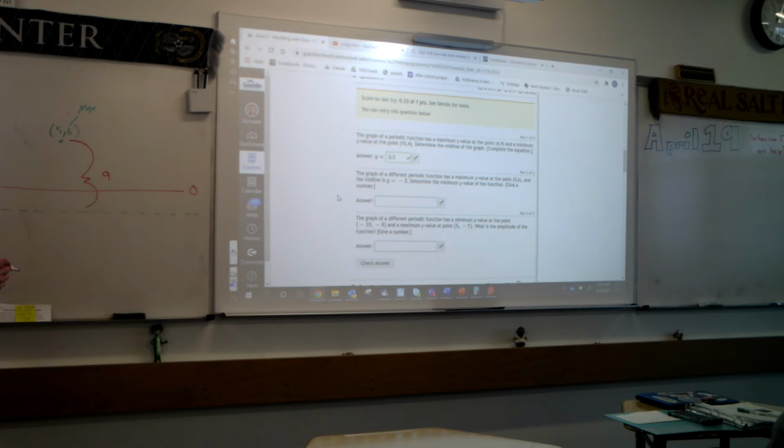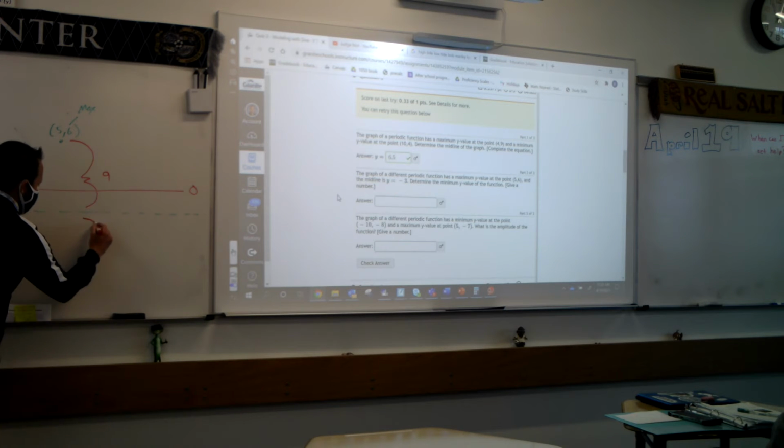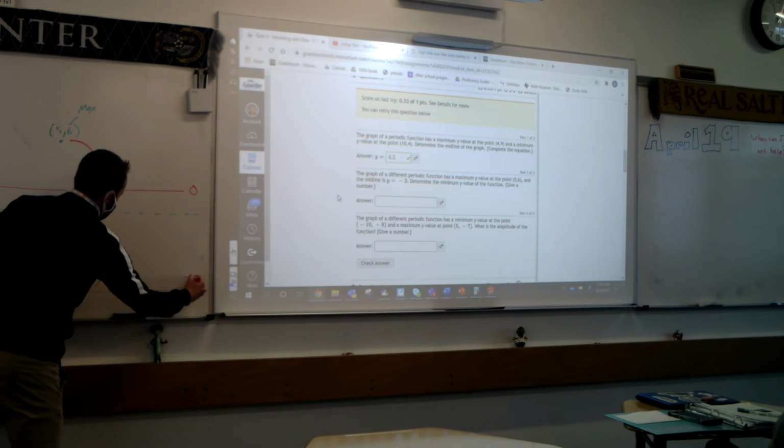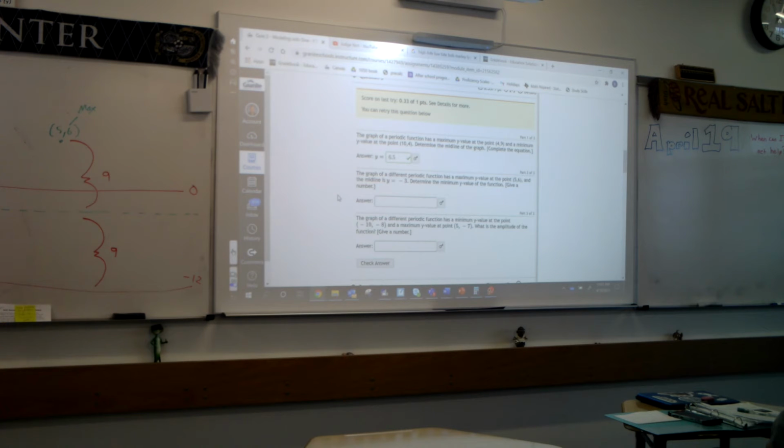That means it'd be 9 on the other side, so here we're going to go 9 down. Negative 3 minus 9, yep, our minimum value is going to be negative 12.